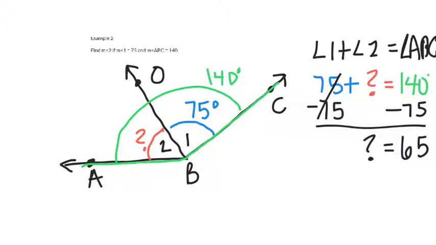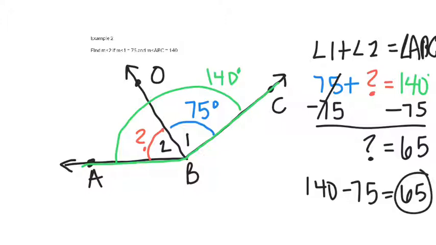Or you can just realize that 140 is the big angle and subtract 75 right off the bat, and that'll give you 65. So this angle in here is 65. So sometimes you add, the two small pieces equal the big piece, and sometimes you subtract. The big piece minus the small piece gives you the other small piece.